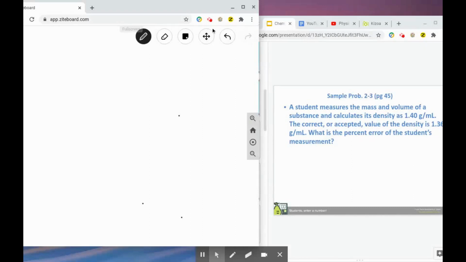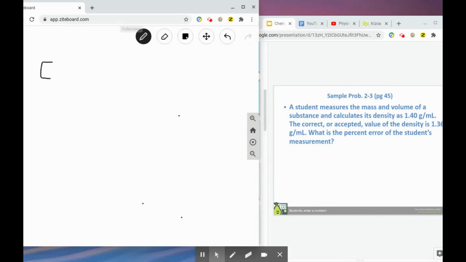If we look at this sample problem, they're going to give us an accepted value and an experimental value. It says a student measures the mass and volume of a substance and calculates its density to be 1.4 grams per milliliter. If the student is actually measuring, then that's our experimental value.